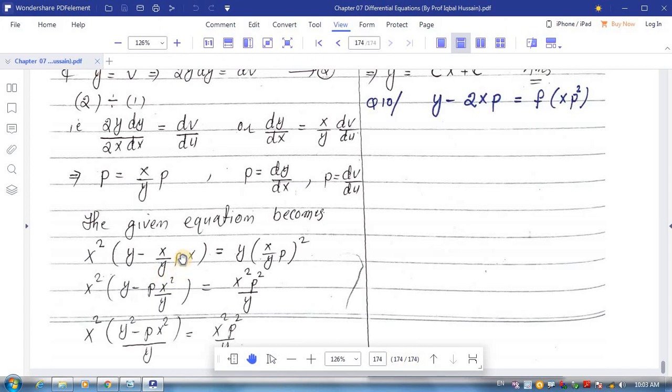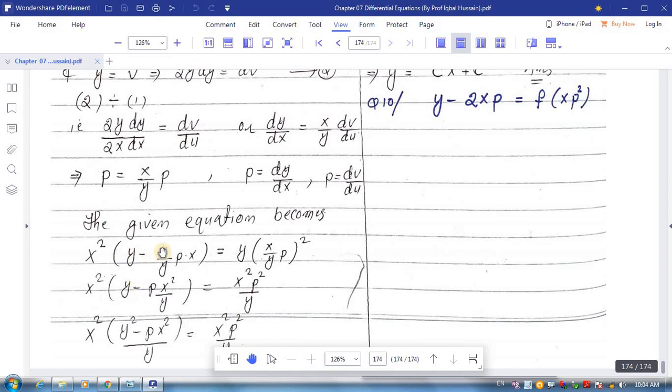This is the value of p in the given problem. In the given problem there was p, and for that p we have used this equation. For that p we have put this value here. Similarly, in the given differential equation we have p, and we have replaced that p by this value here. Now we have to simplify this equation.